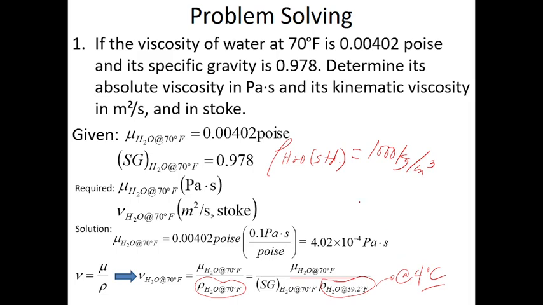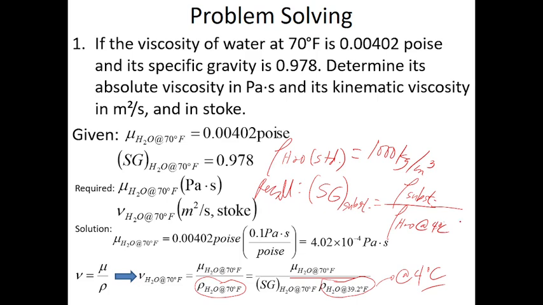Okay? Ngayon, recall natin on how to calculate the specific gravity of a substance. Ang specific gravity ng isang substance ay equal sa density ng substance over density ng water at 4 degrees Celsius. Ito yung standard, yung water at 4 degrees Celsius or 39.2 degree Fahrenheit.